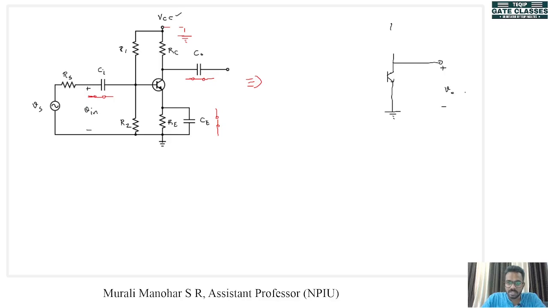Now this RC has one of its ends connected to the ground, because we have removed the DC supply, so this will be connected to ground. Now one end of R1 will also be connected to the ground. One end of R2 is also connected to the ground.